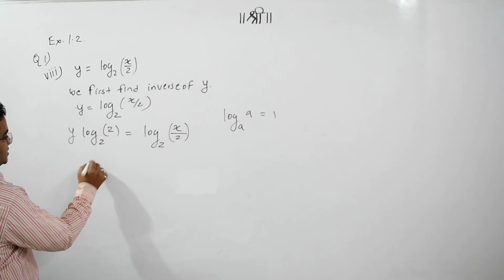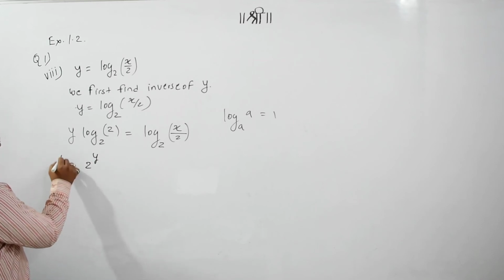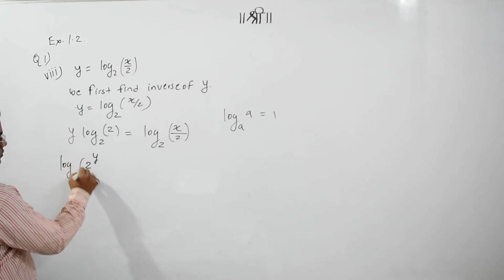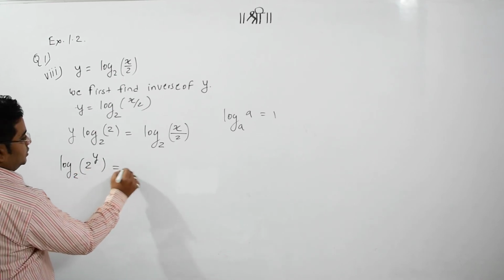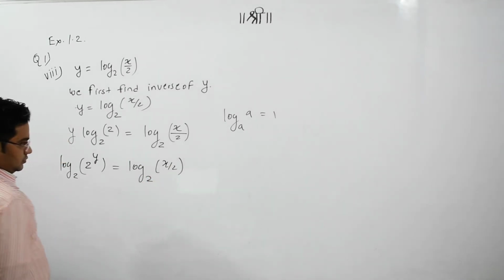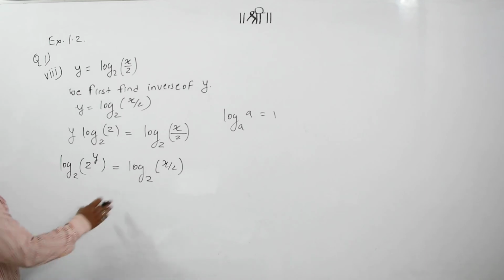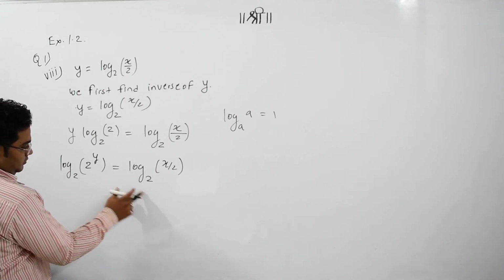So this is nothing but 2 raised to y. Here again log of 2 raised to y base 2 is equal to log of x by 2 base 2. Any problem? No problem. The next step is very interesting: removing log on both sides.